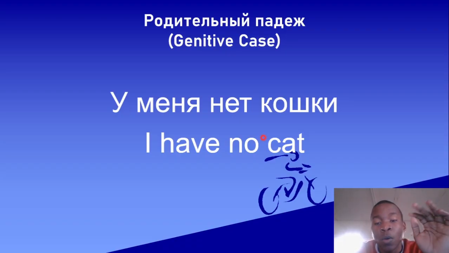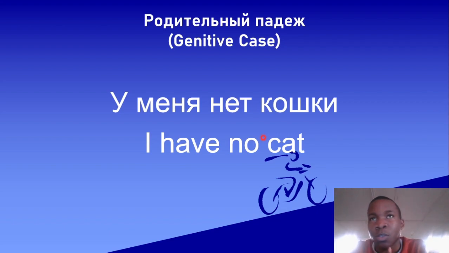Then you are going to look at what it is showing, because genitive case is a sentence construction where it normally shows absence of something. So "I have no cat" means there's an absence of that cat. In that case, we will definitely know that it is genitive case, and we will mark it as such.